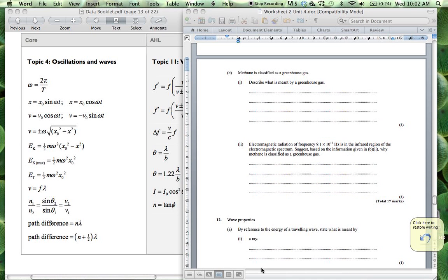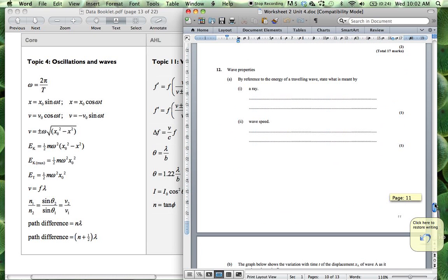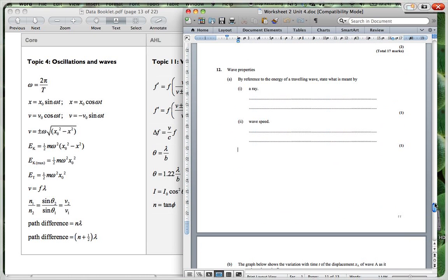Okay, so let's go on to this next question, question 12. It says, by reference to the energy of a traveling wave, state what is meant by a ray. Okay, well, a ray gives the direction in which the energy is traveling.